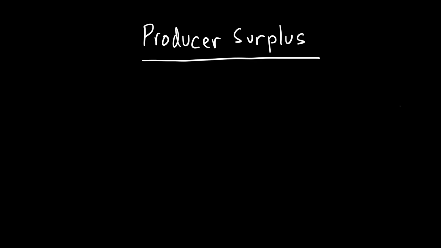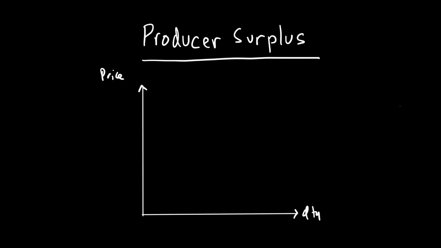Just like consumer surplus, producer surplus is a measure of producer welfare. It is measured as the difference between what producers are willing and able to supply a good for and the price that they actually receive. So when we look at a supply curve that is upward sloping, like this one, the supply curve tells us what we are willing and able to supply for each and every price.